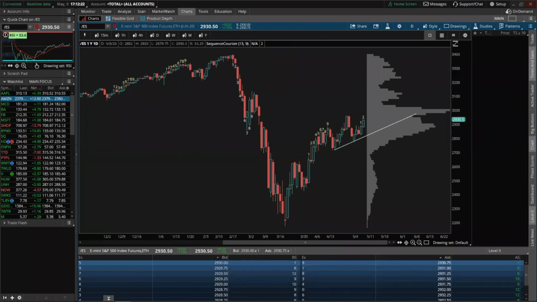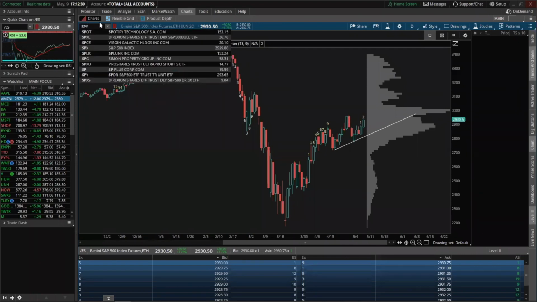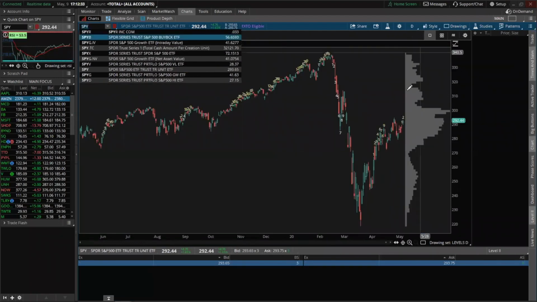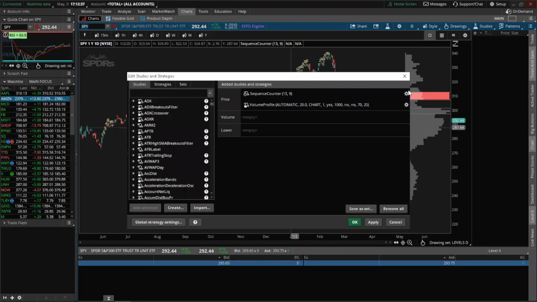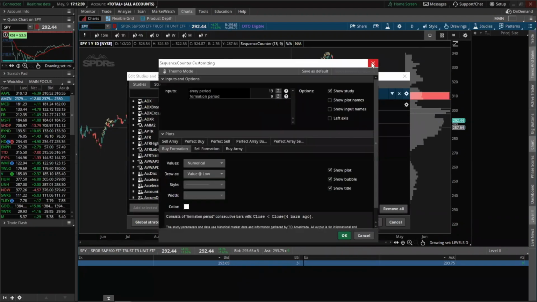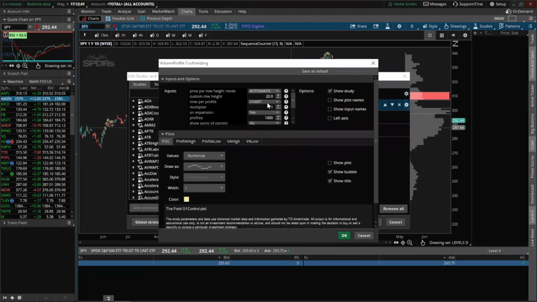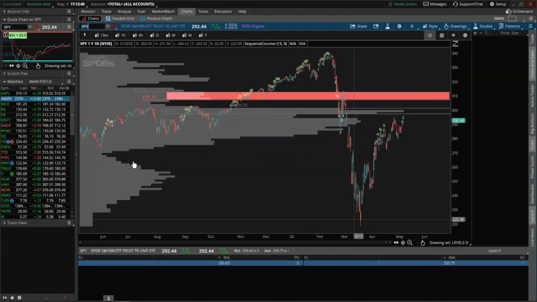Can you explain volume profile for the 240 and 260 area? 240 and 260 area on SPY? Let me look. Here?